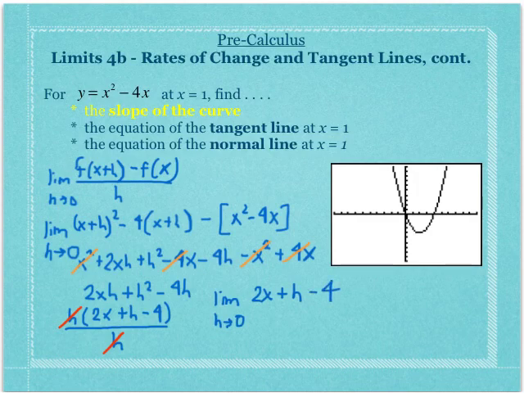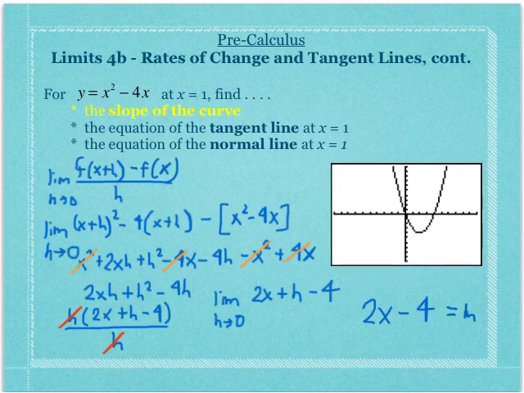As long as this h is approaching 0, basically I'm going to call this 0. It won't ever quite actually get there, but close enough. So my final answer in this case is 2x minus 4. That's my slope. That's the general form for that slope. I can then substitute whatever value I need to.